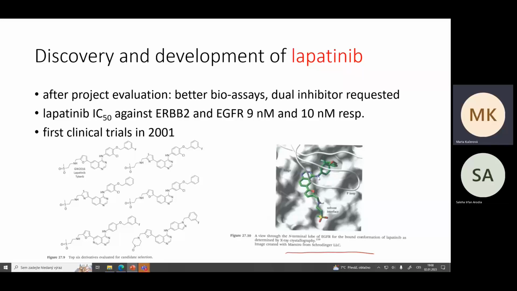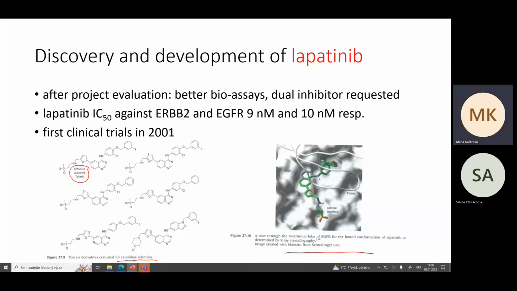And you can see also some other compounds that were evaluated as candidates. And lapatinib is the first one. So you can see the variation instead of furyl, thiazole ring, and some other variation in the sulfo side chain.